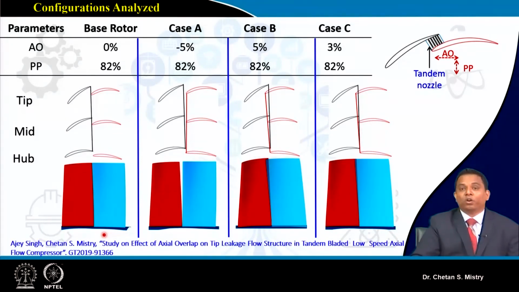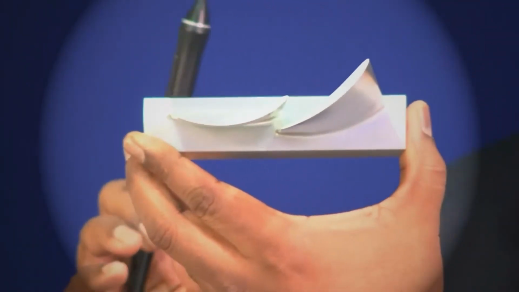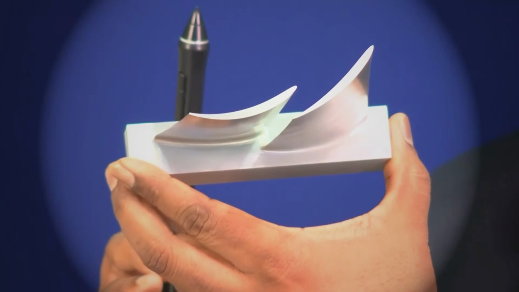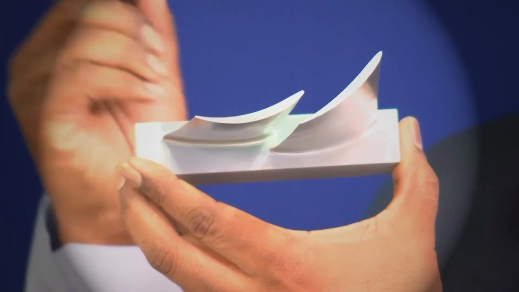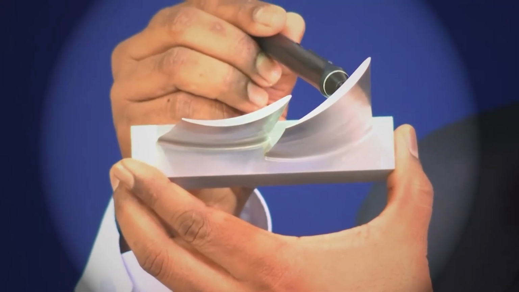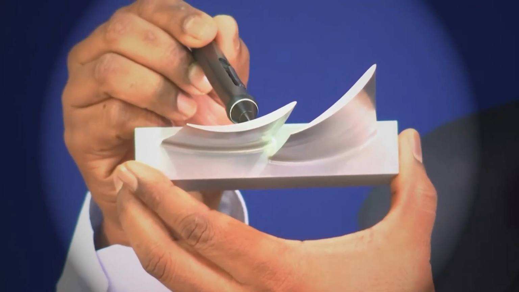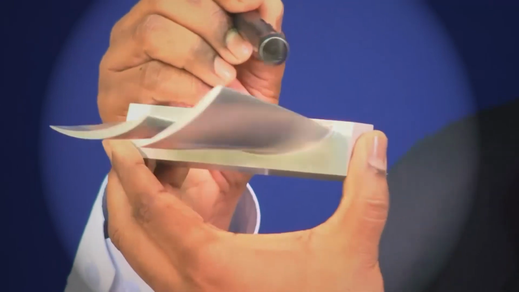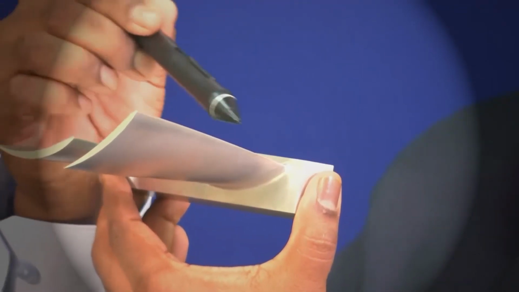Let me show you this blade. Here, these are the two blades. You can see this is my front blade and this is my rear blade. Here I have this as my leading edge.